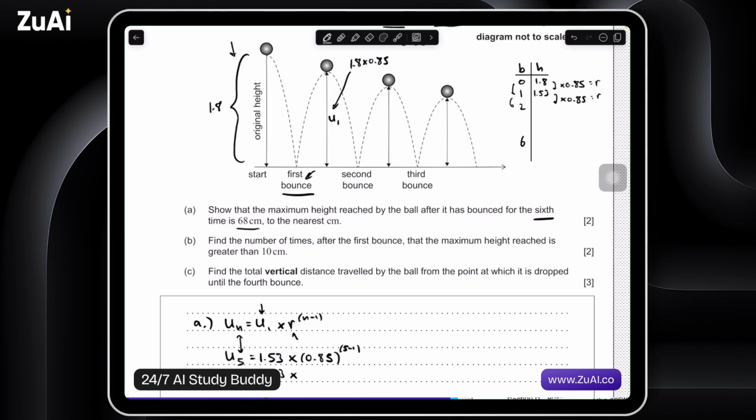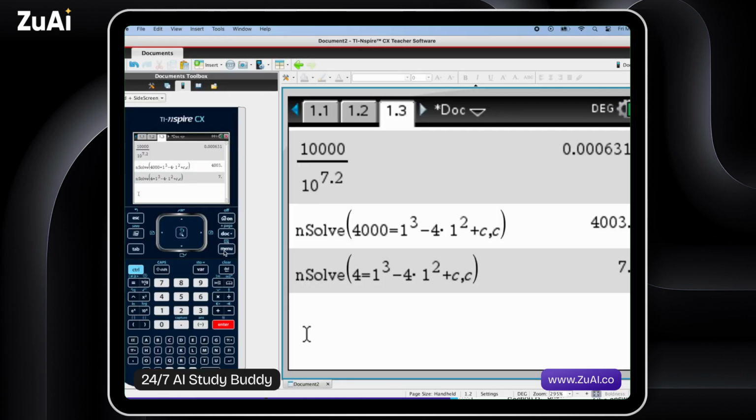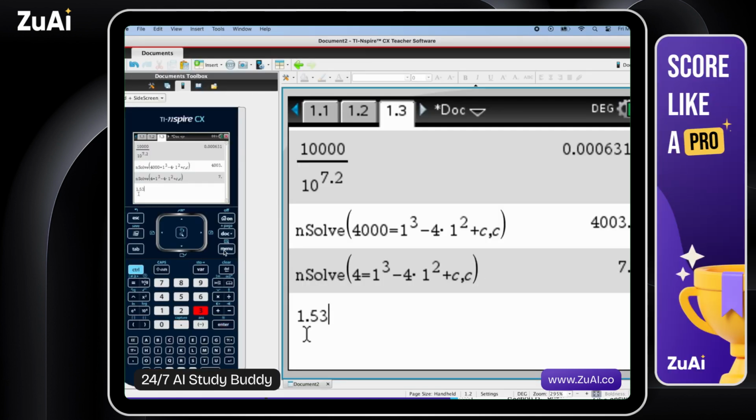Let's substitute n minus 1: 1.53 times 0.85 to the power of n minus 1. So let's put this into the calculator. 1.53 times 0.85 raised to the power of 5 minus 1.